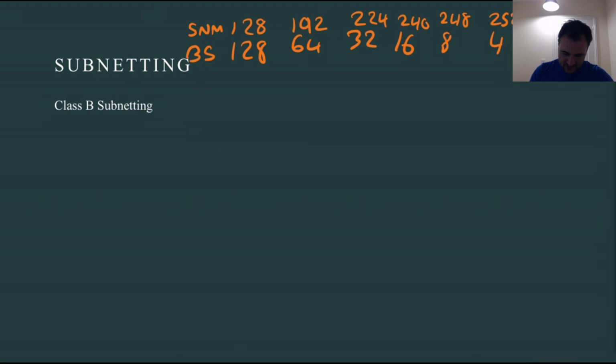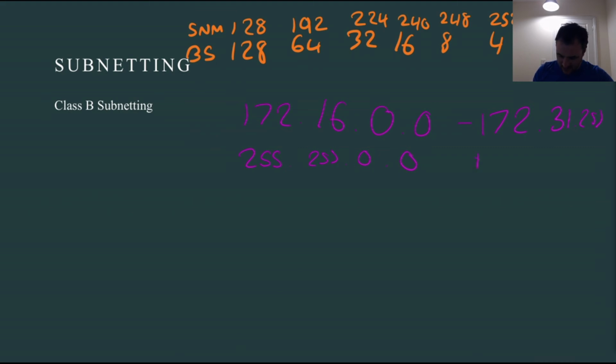So if I go for the classic class B private IP address range, the whole range is 172.16.0.0 to 172.31.255.255. That's the entire private IP address space for class B, but it's standard class B subnet mask is that.